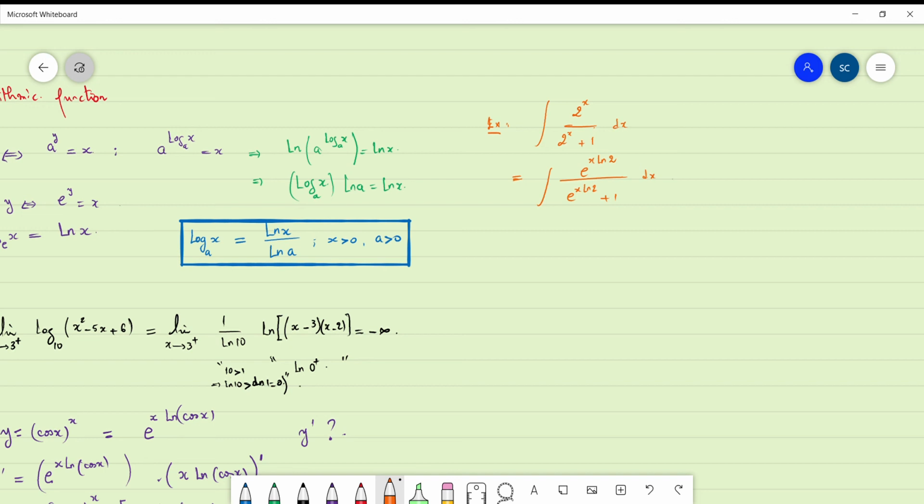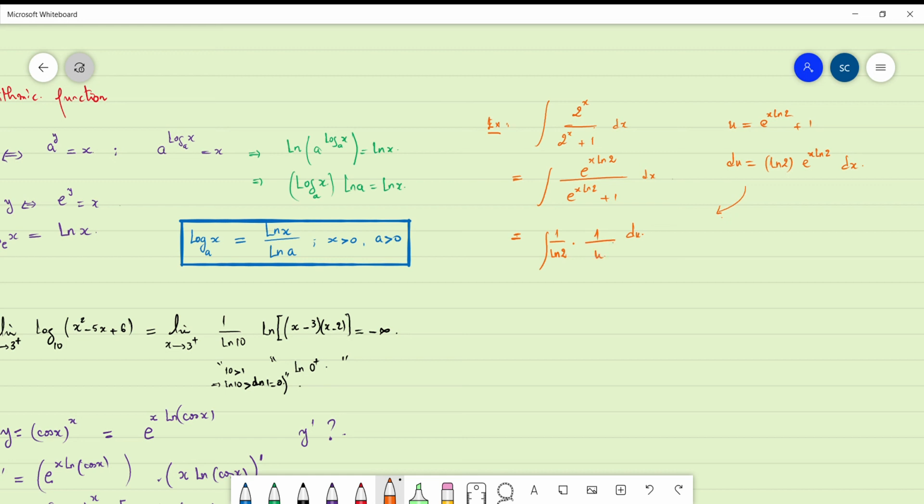And now the formula suggests substitution, a particular substitution. Let's choose u equal the denominator, a^x plus 1, then du will be ln 2 times a^x dx. And now come back and continue your calculation. So we will have a^x dx will be du times 1 over ln 2 and 1 over u.